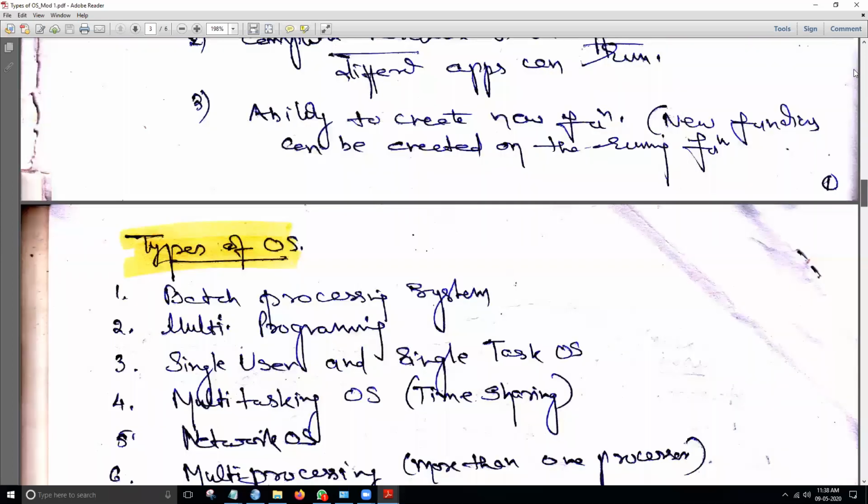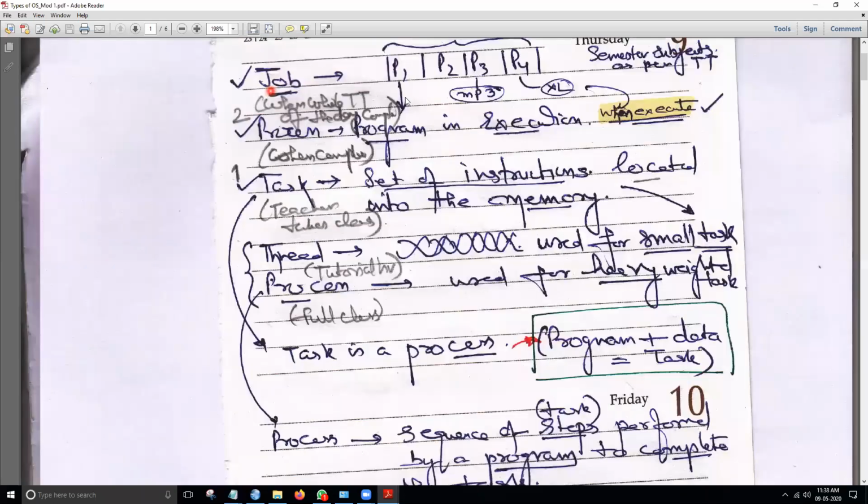Now, before that, you see here: job. Job means a number of processes. When a number of processes are combined together, it becomes a job. So in batch processing, the operator will make different process batches, and that becomes one job. When you talk about a process, it is a program in execution.